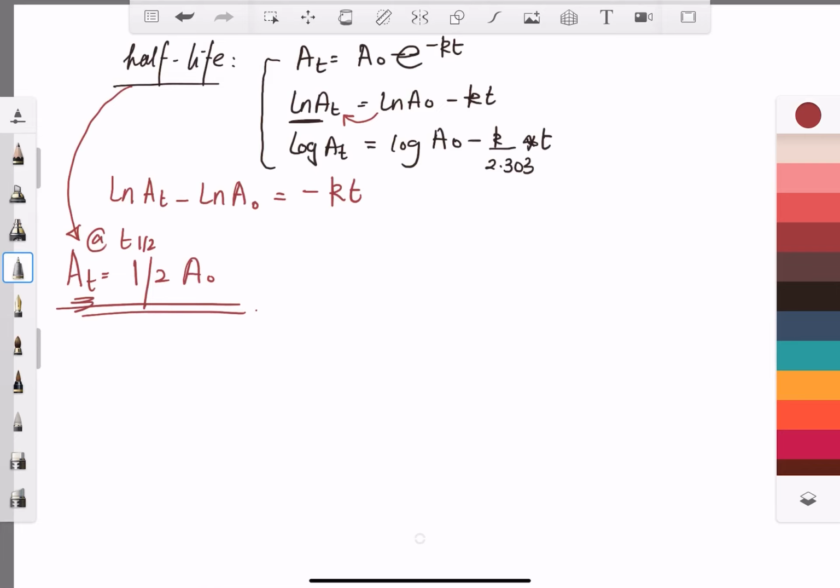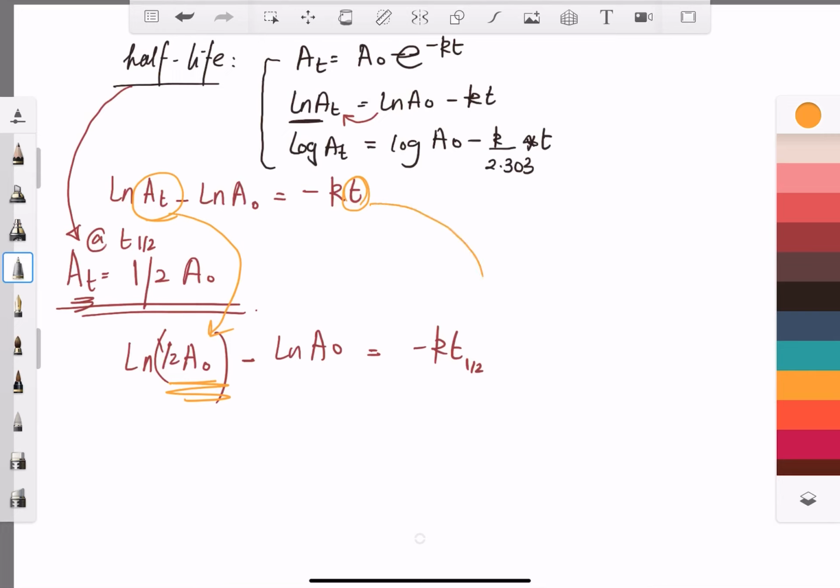So let's substitute this: ln half the A initial amount minus ln initial amount equals minus k multiplied by the half-life, right? So we just change this to half of the initial amount, and we just change this by substituting the time with the half-life.